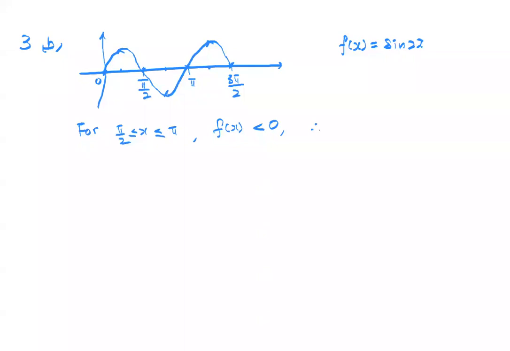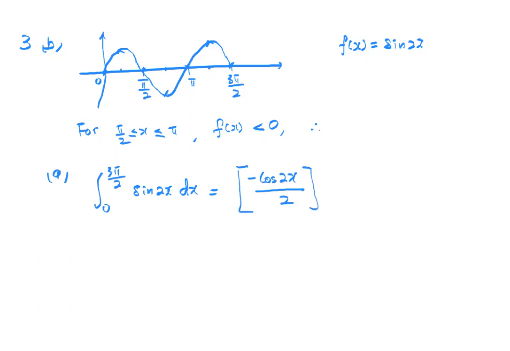For question 3A, when the question asks you to show, integrate 0 to 3 pi by 2 of sin 2x dx, what you need to do is really integrate. Integrate sin, you get negative cos 2x, then divide by 2, from 0 to 3 pi by 2.